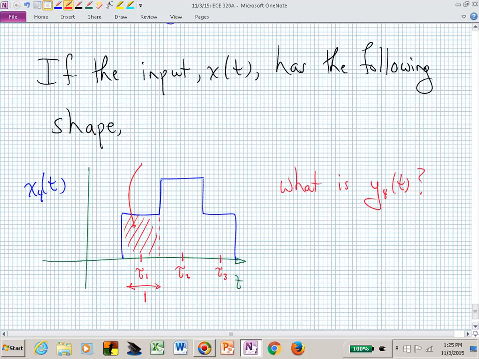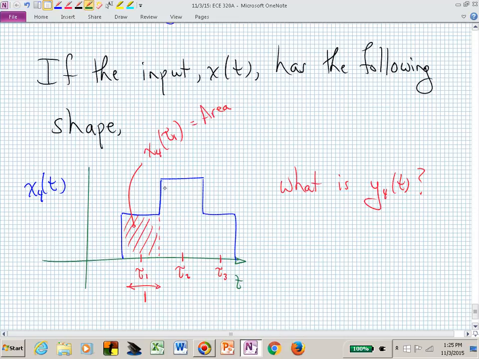If the width is 1, the area is length times width, and now the width is 1. It's just the height of that. Let me call that now x sub 4 at time tau sub 1. Is that okay? That's the area underneath, or in that red crosshatched space.